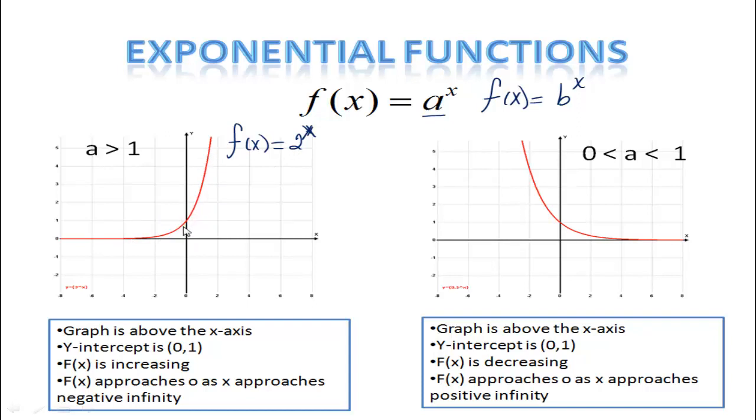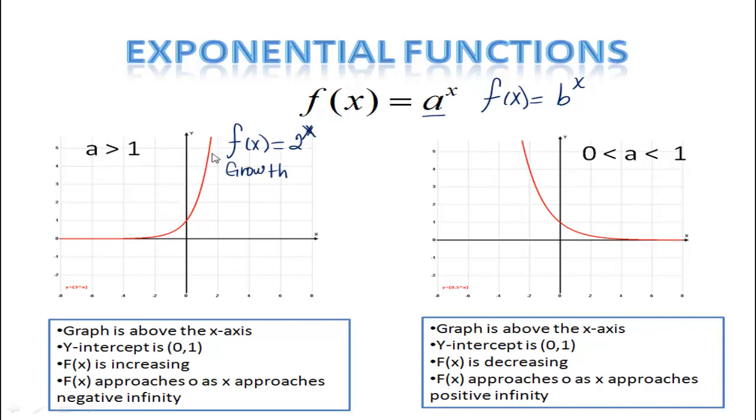It will have a y-intercept at 0, 1. It will be above the x-axis. It's an increasing function. If I work from left to right, you notice that the values of y are increasing. We also call it a growth function. Okay, it's a growth when it's increasing like this.